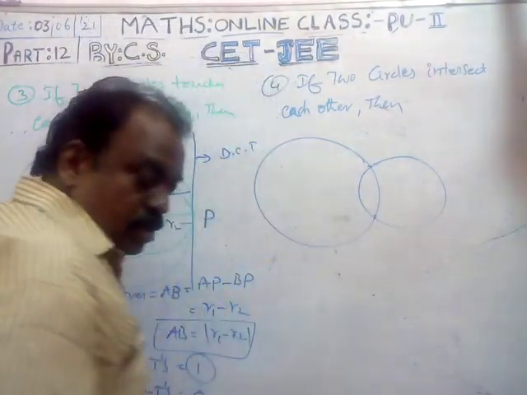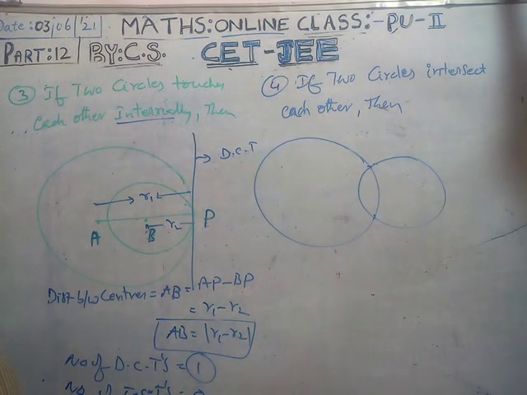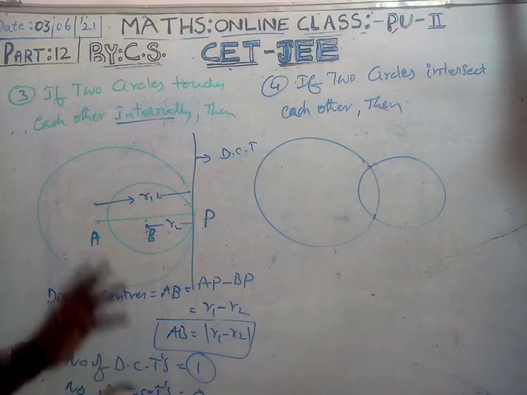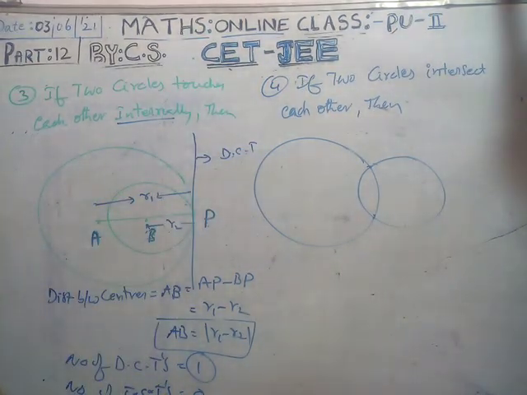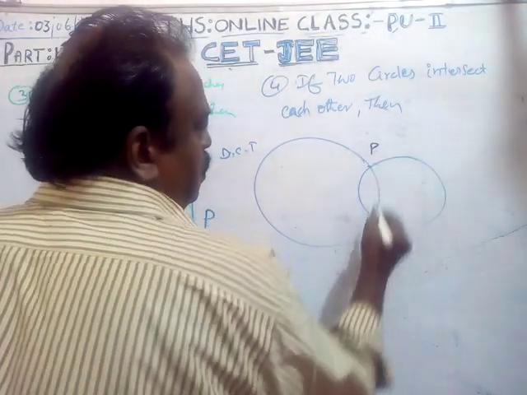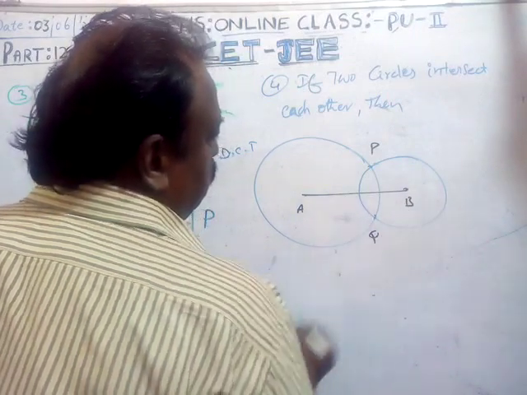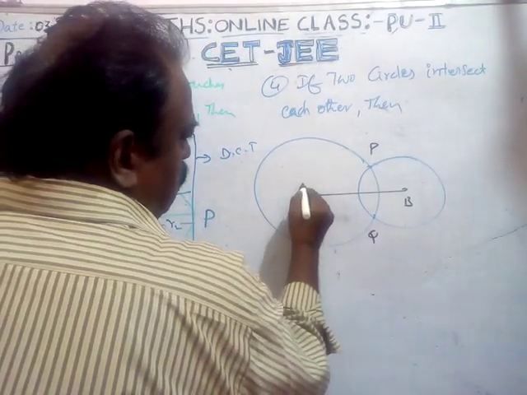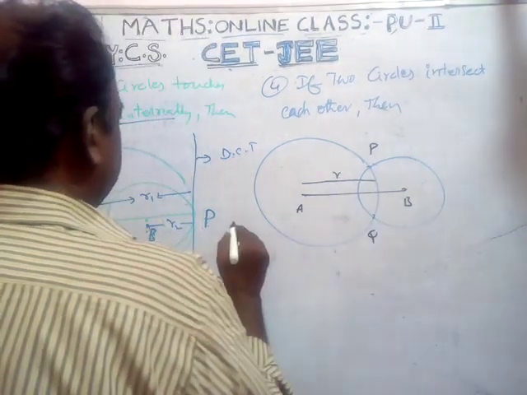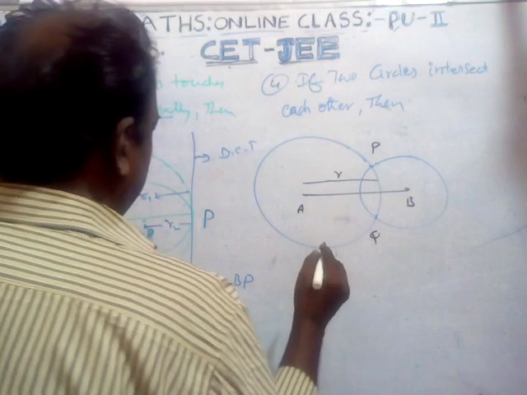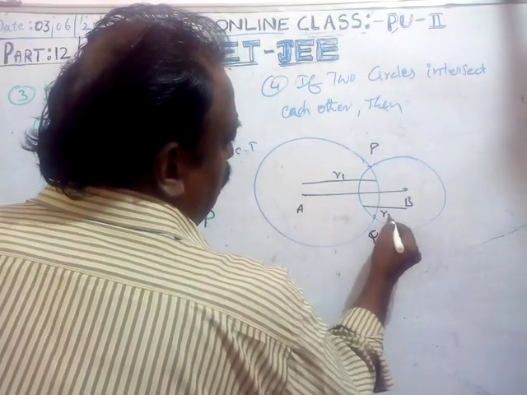This is the meaning. The circles are not touching each other externally or internally, not apart from each other, but they are intersecting. Two circles intersect each other at 2 points, P and Q. The centers are A and B. This distance is R1, whereas this distance is R2.